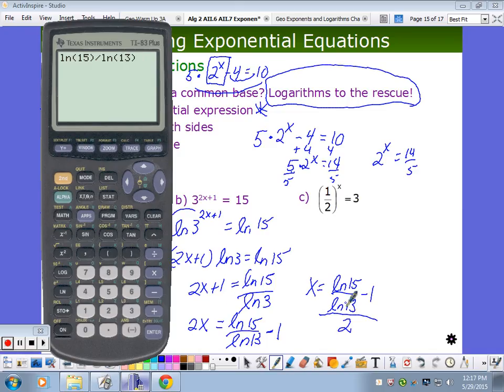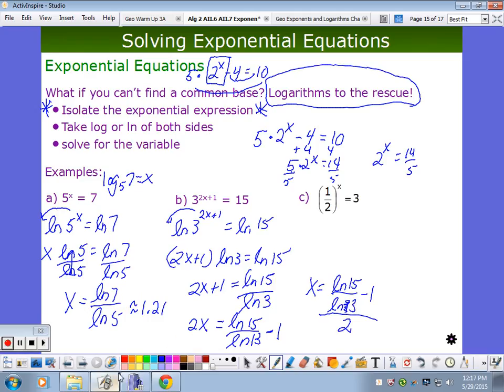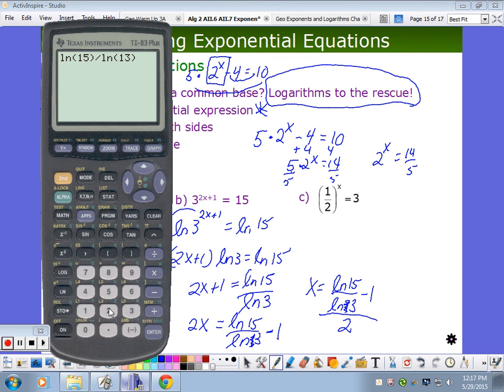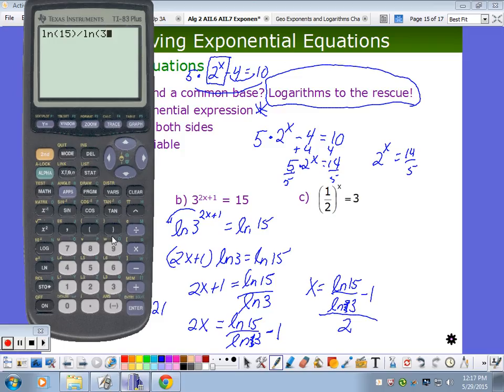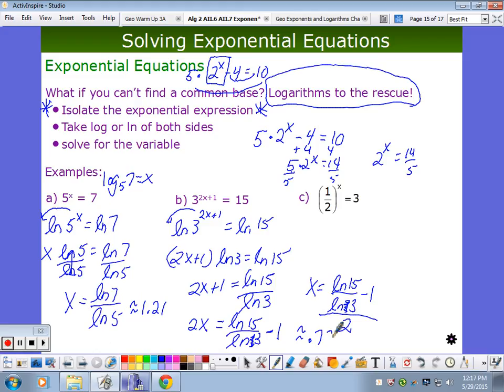I didn't go slowly enough. Okay. That's right. Thanks, friends. All right, divided by ln 3. Now I can hit enter and subtract 1. And then I can divide by 2. 0.732-ish. Is that what you got using the Christian method?